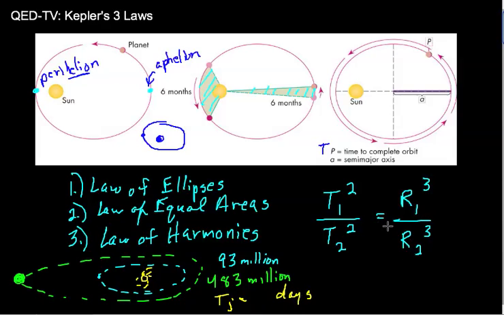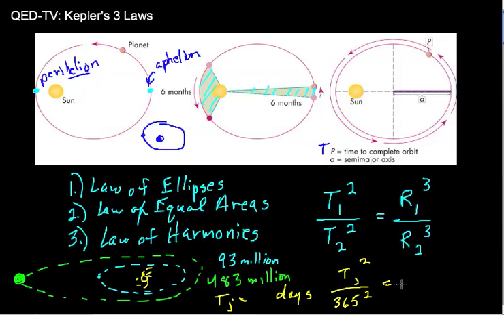So we're just going to use the law of harmonies, because the square of the period should equal the cube of the distances away from the sun. I'll have this T1 be the period of Jupiter. So I'm going to have the period of Jupiter squared over the period of Earth squared. Well, how many days does it take the Earth to go around one time? We actually know that. That's 365.25, we'll just leave that part off, squared days.